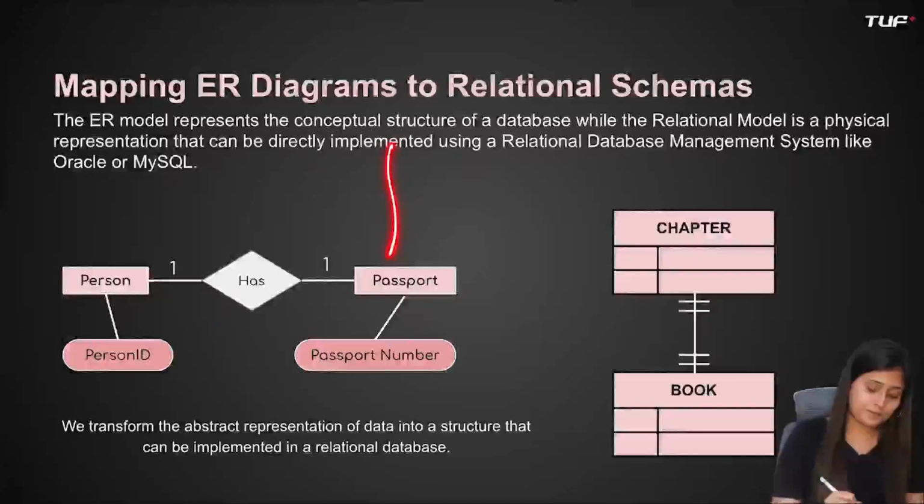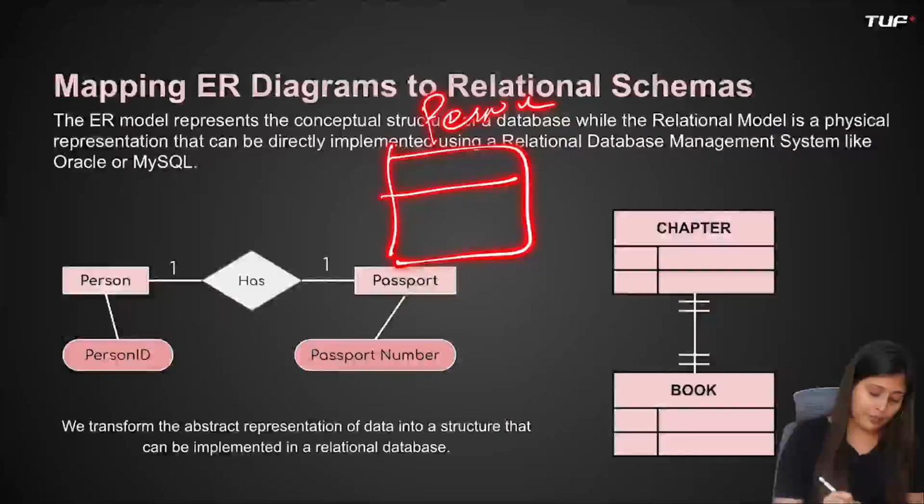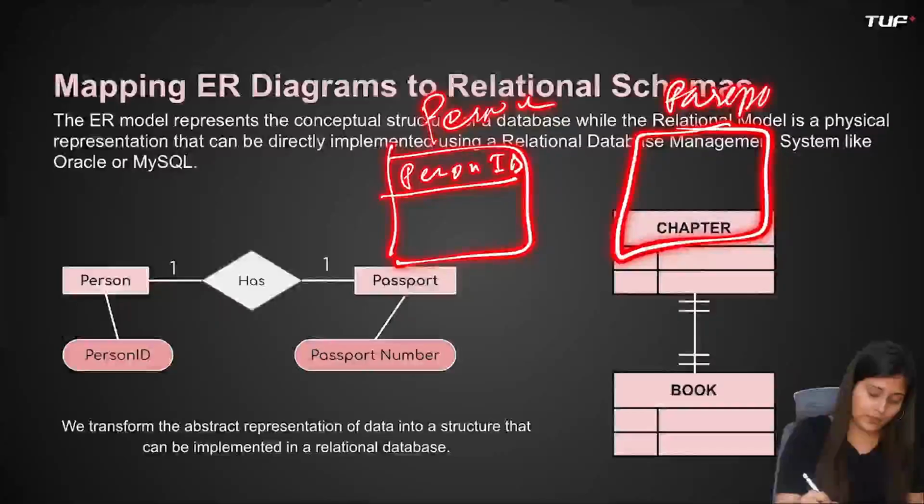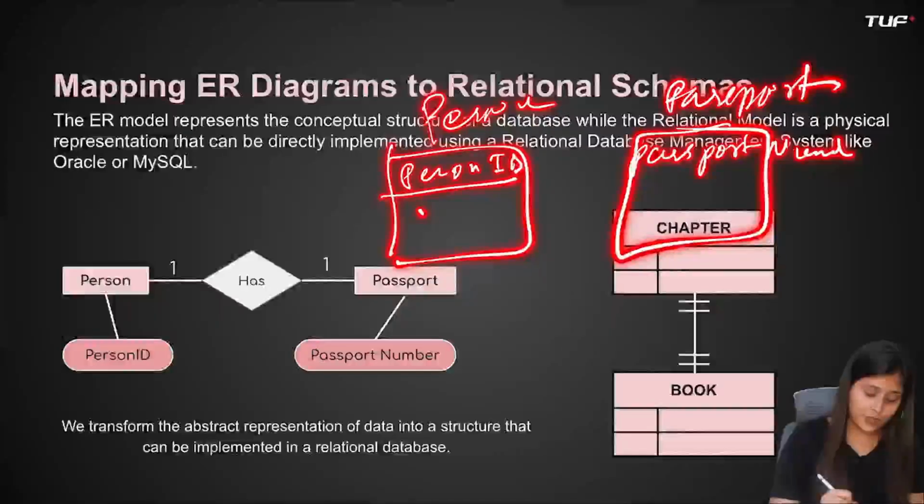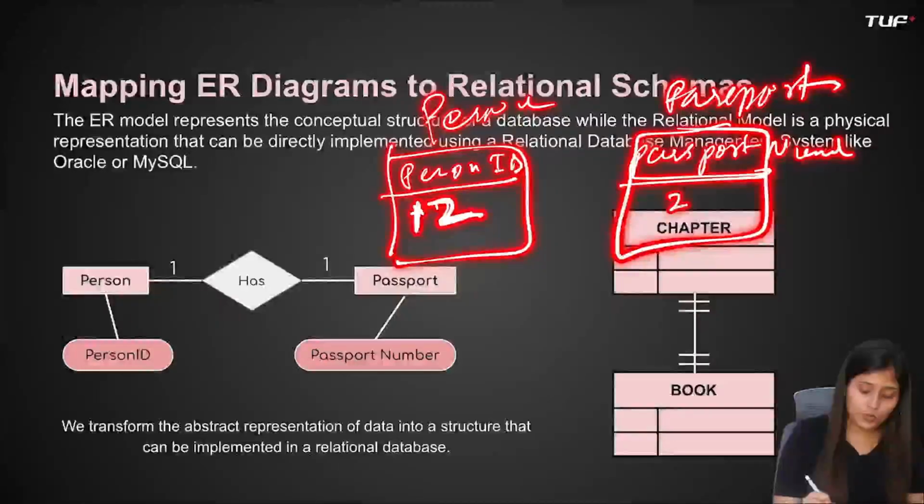So here there will be one person table, and that will have person ID as an attribute. Another is the passport table, which has passport number as an attribute. So let's suppose person ID is 1 to 12, and passport number can be 2, 3, 4.